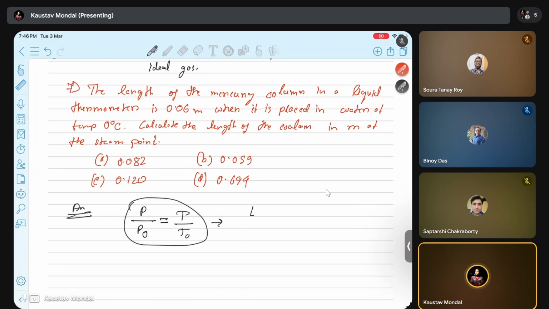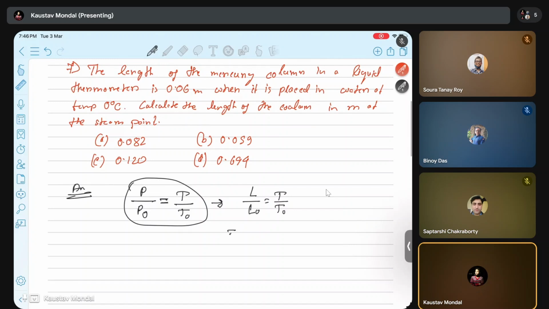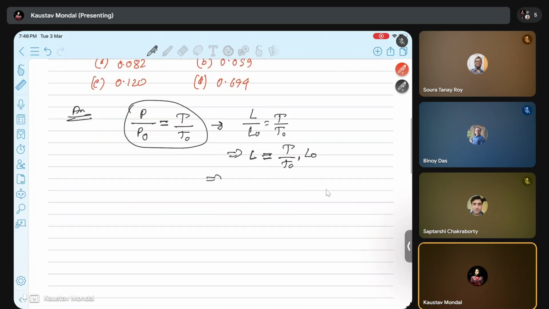Here it's length, so it follows the same kind of rule: L by L0 equal to T by T0. So L would be T by T0 into L0. So L would be 373 by 273 into 0.06, which gives you 0.082 meter.